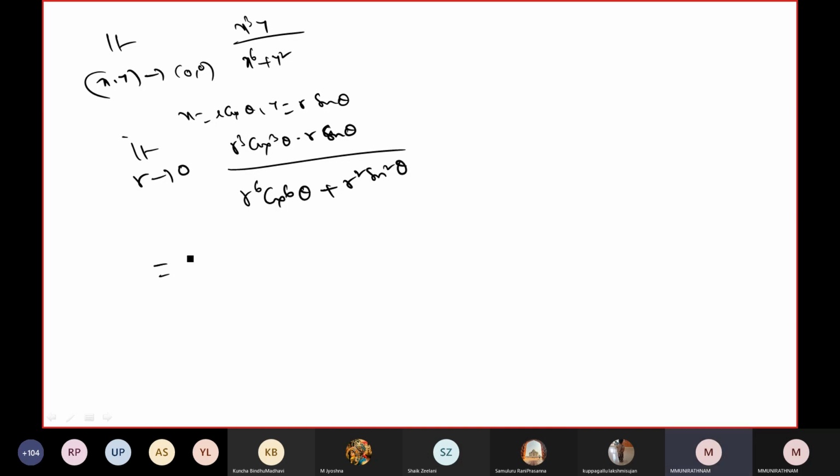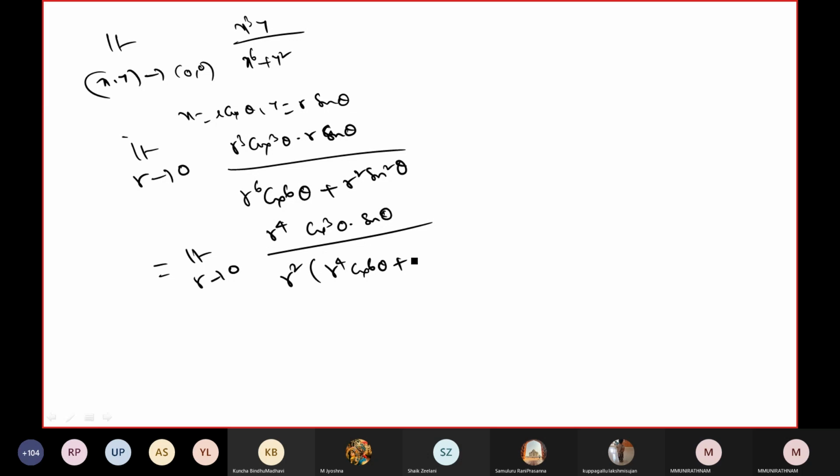So this will be limit r tends to 0, r power 4 cos cube theta sin theta by r square, r power 4 cos power 6 theta plus sin square theta. We did not get this problem, we got 0, so it does not happen.